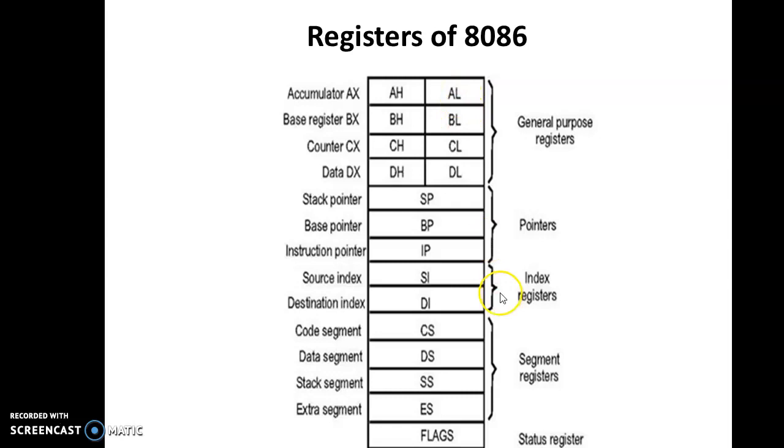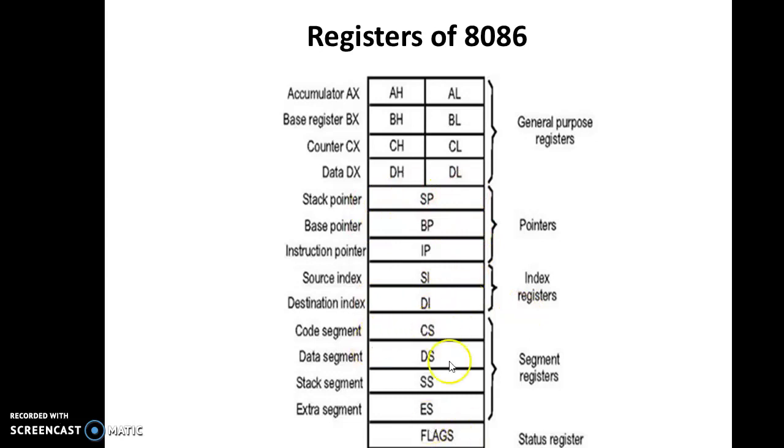Second group of registers is pointers. There are 3 different pointers: stack pointer, base pointer and instruction pointer. Next is index registers. SI and DI are index registers, that is source index and destination index. Here pointer registers and index registers are used to store the offset address of a memory location.